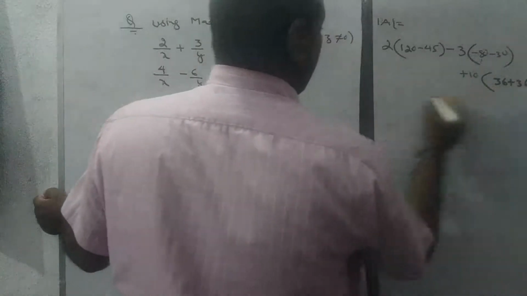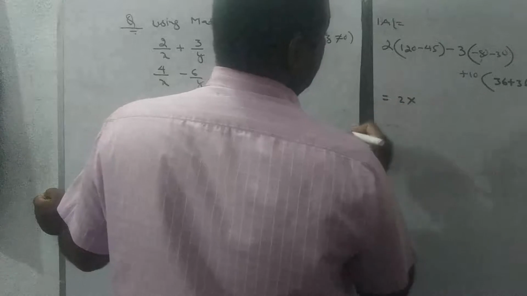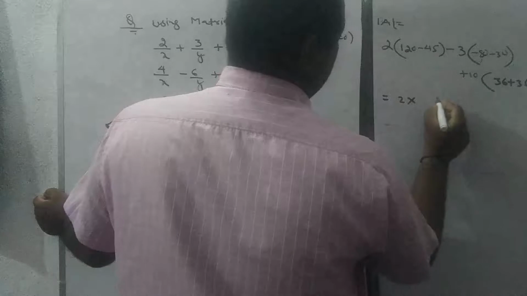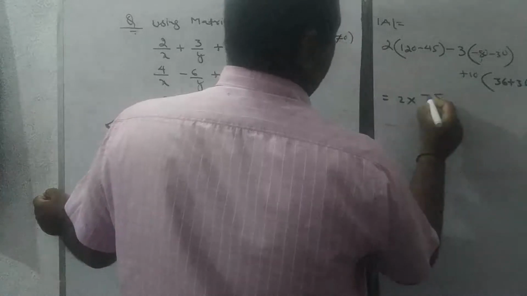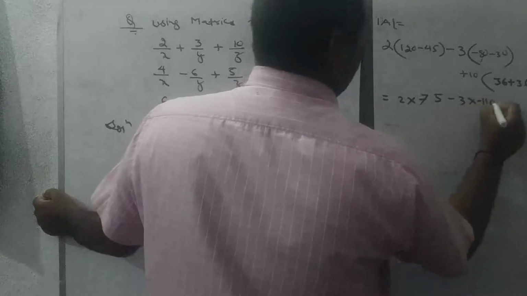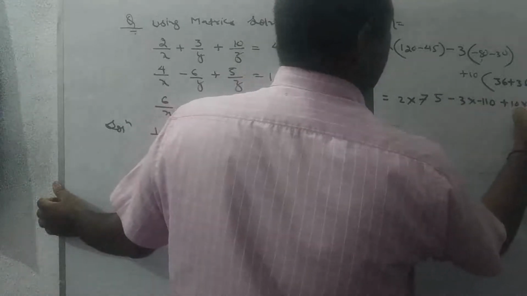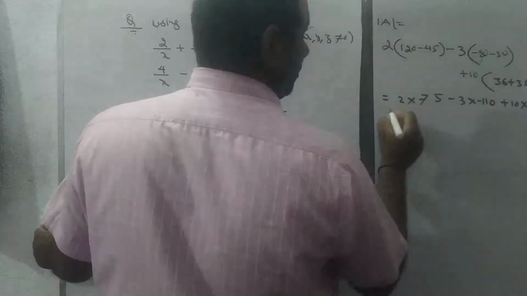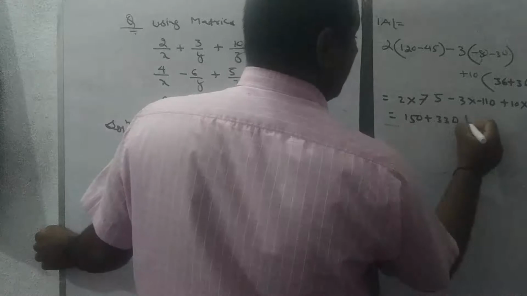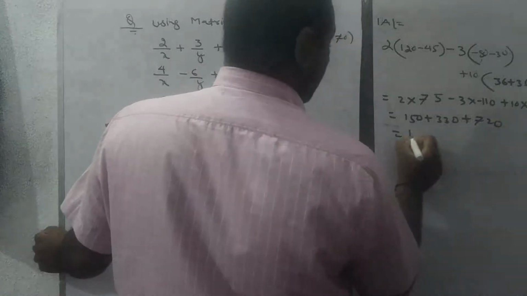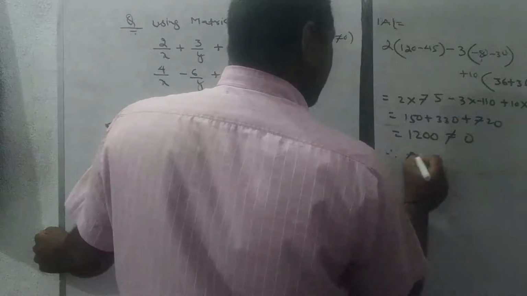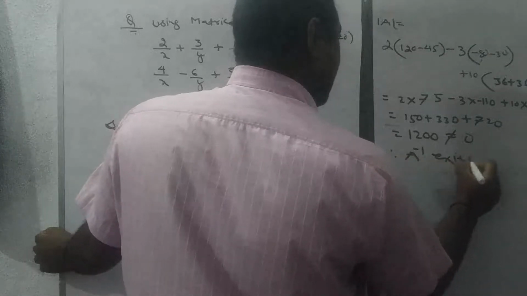In this way we obtain 2 into 75, minus 3 into minus 110, plus 10 into 72. So 150 plus 330 plus 720 together give 1200, which is not equal to 0. Therefore, A inverse exists.